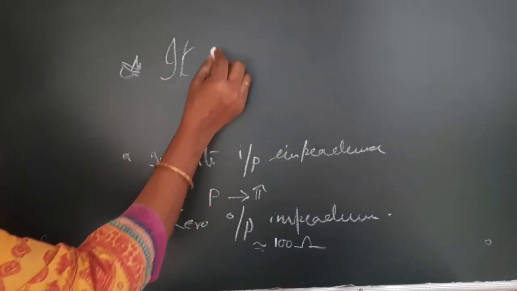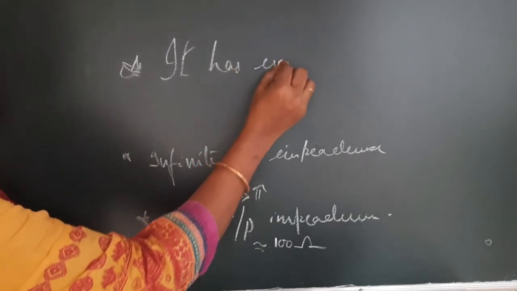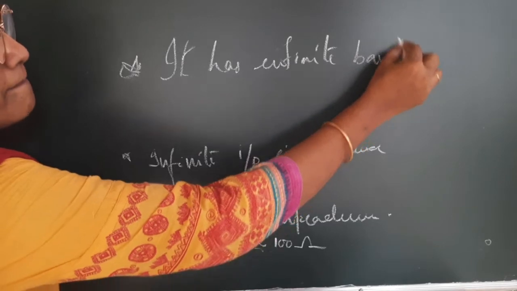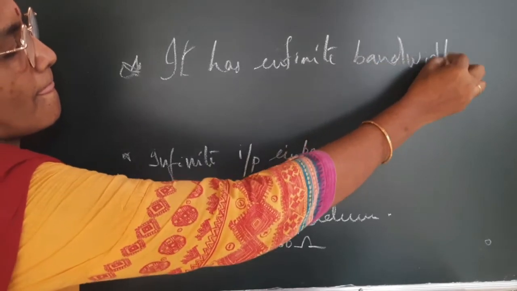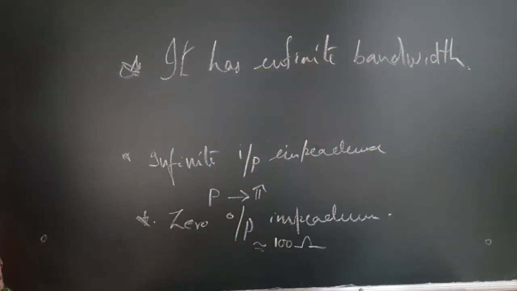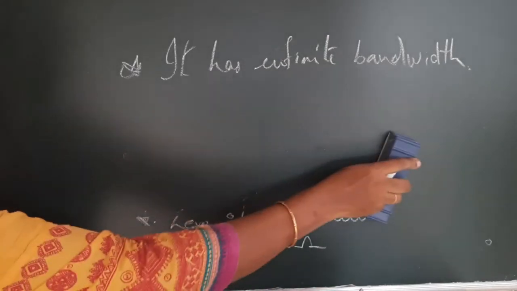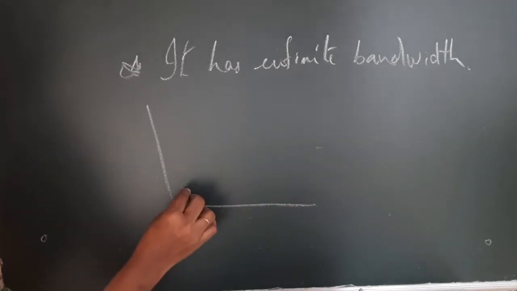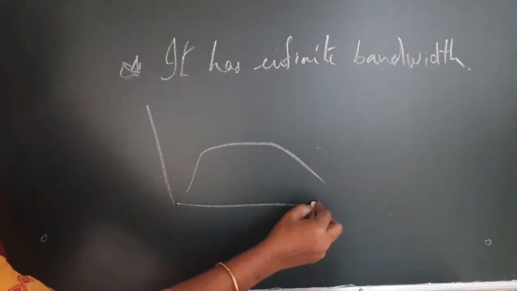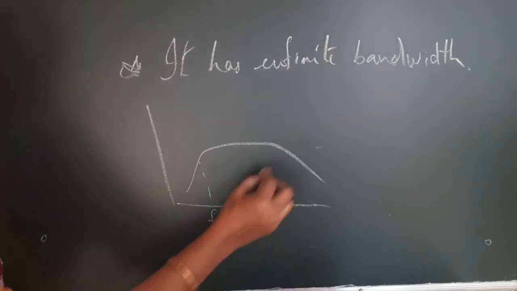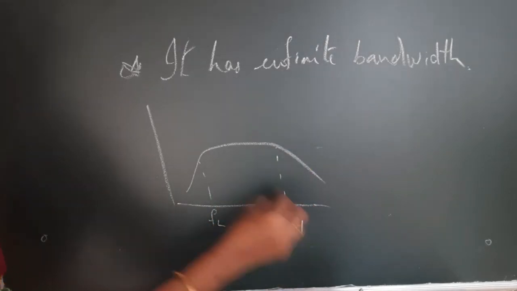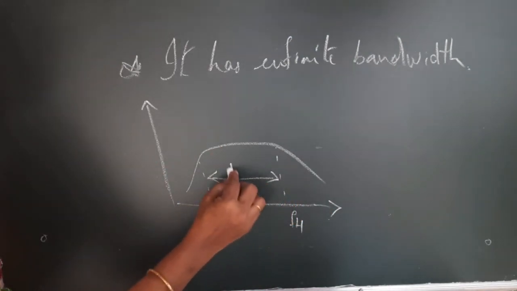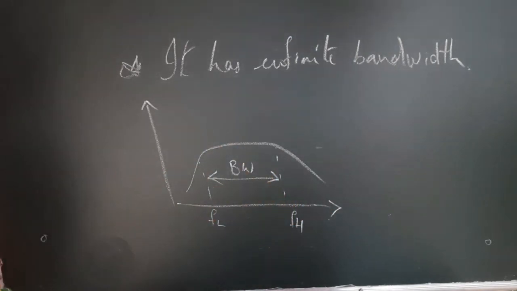Now you can speak of one more property for an ideal op-amp. It has infinite bandwidth. You know what is bandwidth? If you draw a frequency response curve for a CE amplifier, you know what is FL and FH. This is a frequency response curve, and this is known as the bandwidth of a CE amplifier.